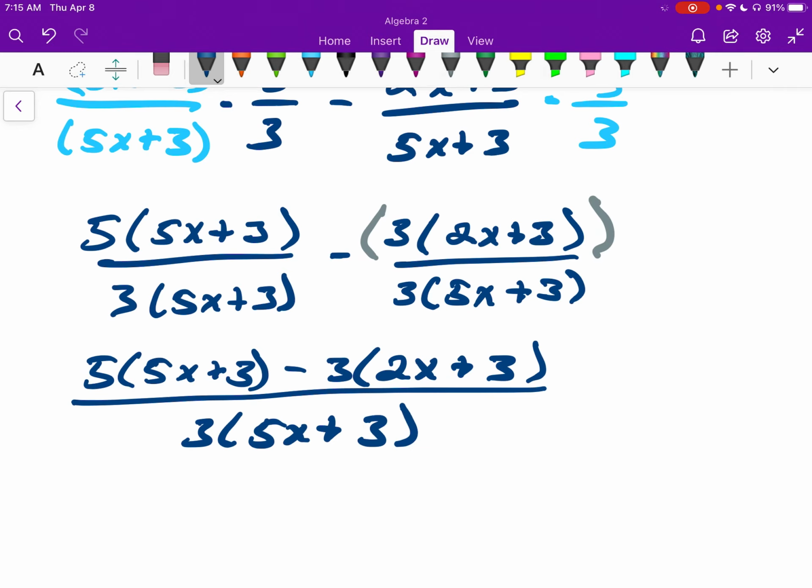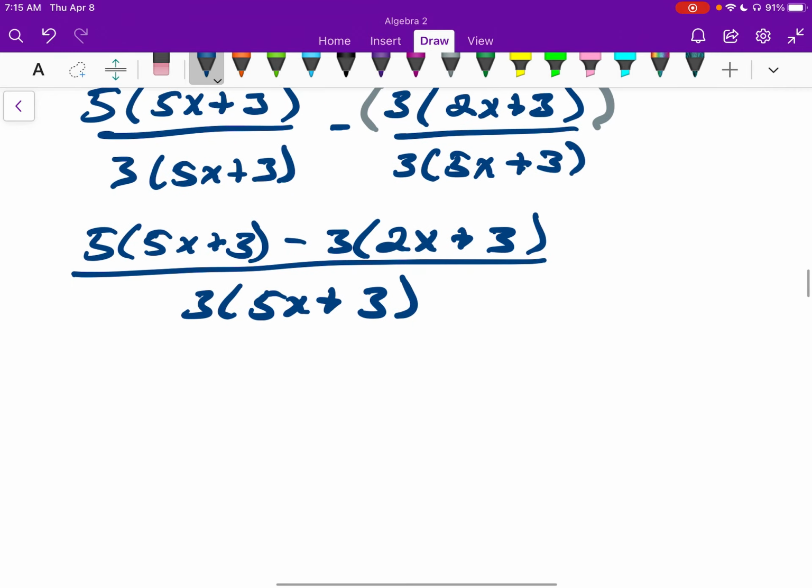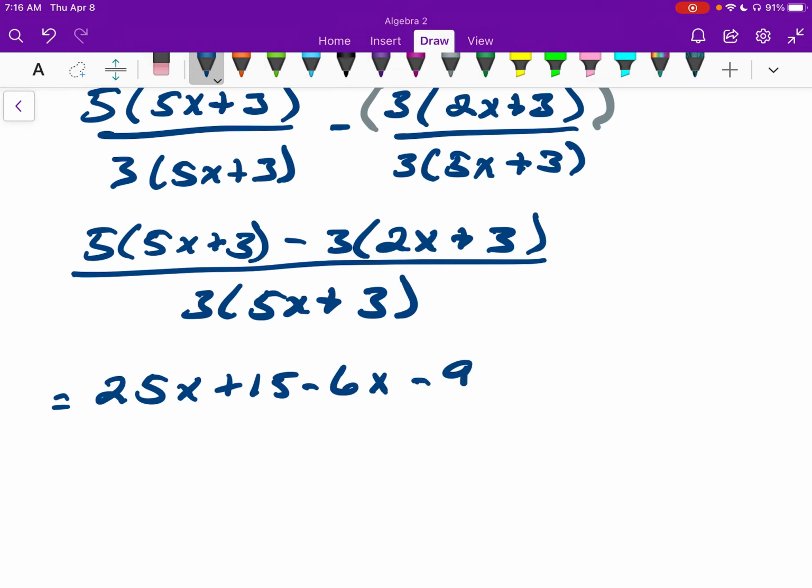There we are. The top can simplify a lot, so we'll do that. This will be 25x plus 15 minus 6x minus 9 over, and I'm going to go ahead and distribute the bottom. We'll have 15x plus 9. The numerator can combine.